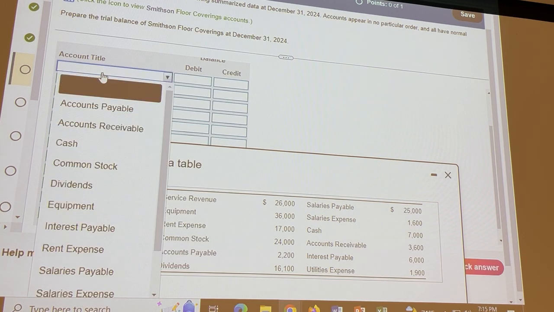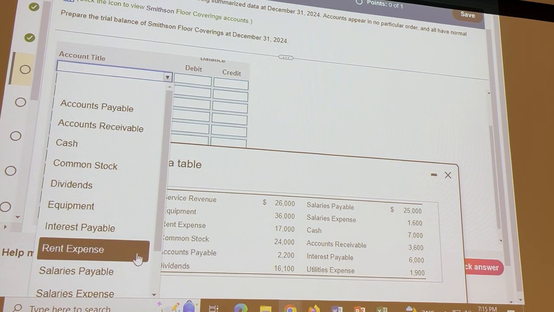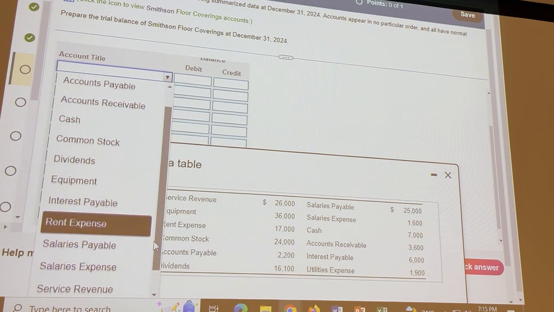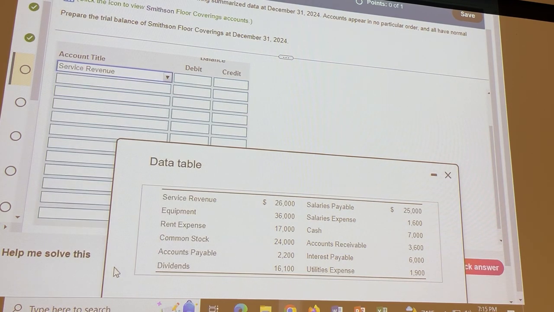So in the trial balance, the first account that we will enter will be service revenue. Now they tell us that it has a balance of 26,000, but notice that they don't tell us whether that's a debit balance or a credit balance. So we need to know what the normal balance would be for a revenue account.